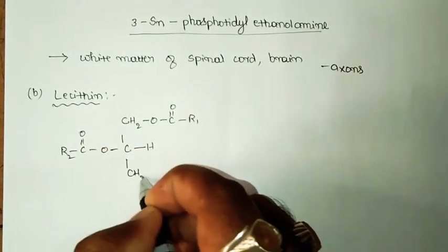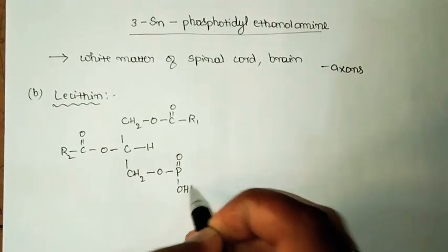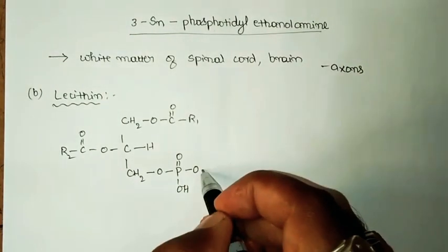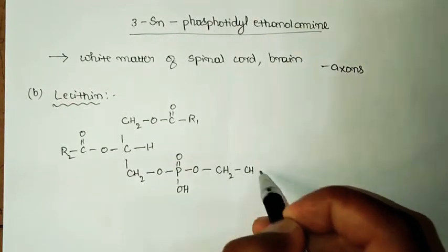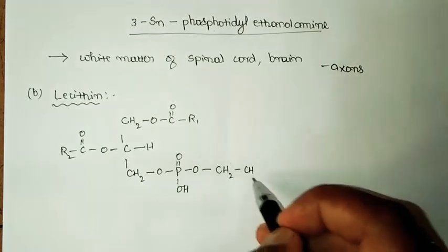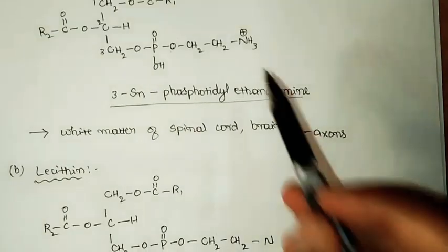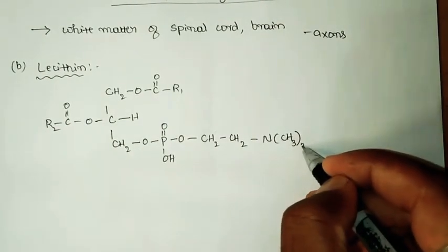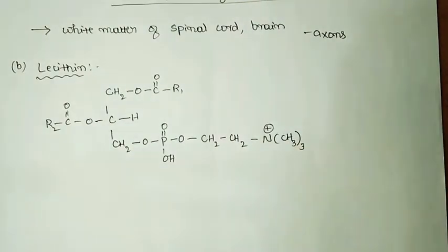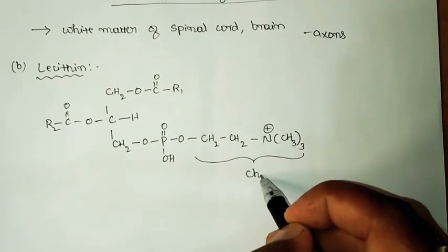And here in the case of lecithin at the third position, the hydrogen of the OH group which is present at the phosphate will get replaced with N. So in the case of cephalin we got 3 hydrogens here, and in the case of lecithin, those 3 hydrogens will get replaced with methyl groups with a positive charge, and this whole part is called choline.